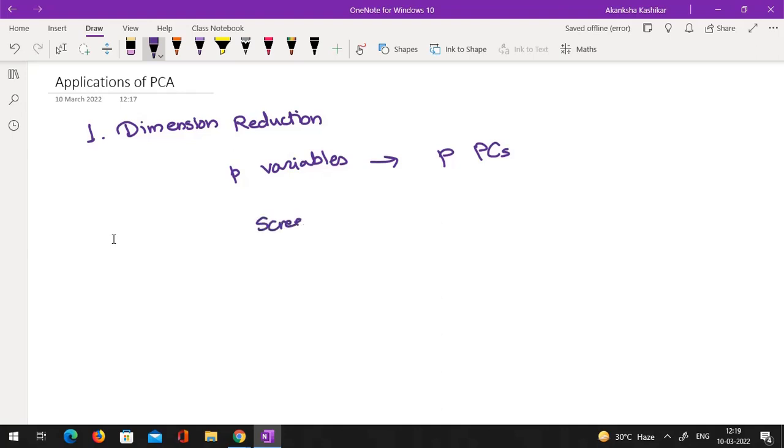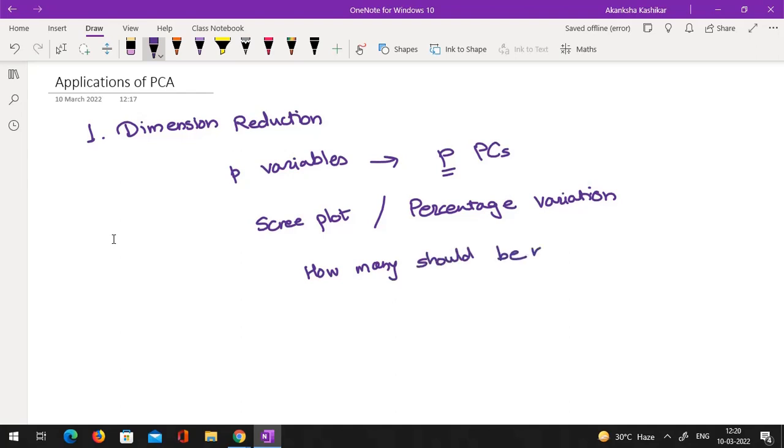We used either the scree plot or the percentage variation explained to decide out of these p PCs how many should be retained. Okay, and that number we try to keep as small as possible.